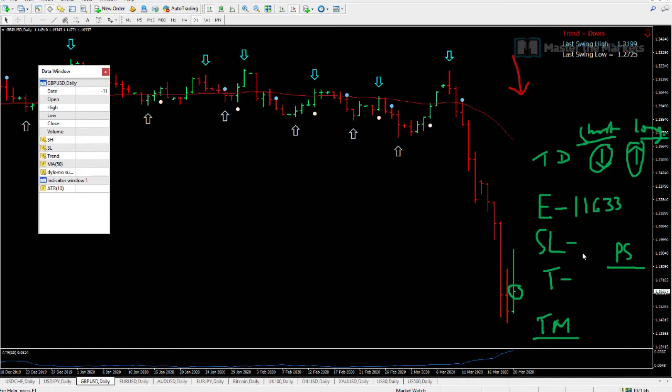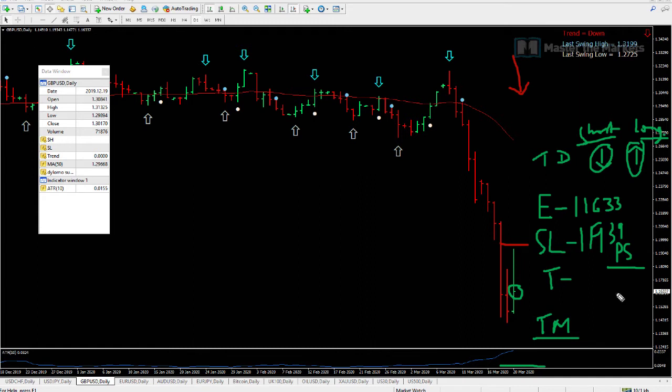The stop loss in this case is going to be the high of this bar. Including spreads, that would be at the price of 119.39. Then eventually the target will be much further down.